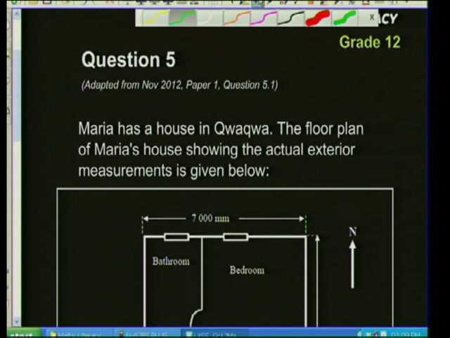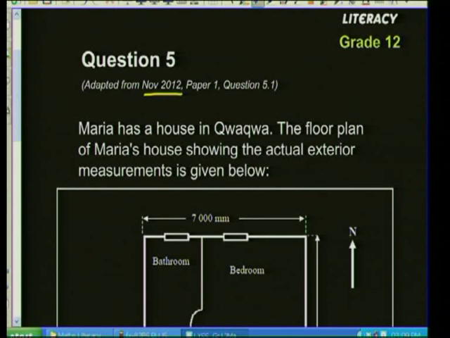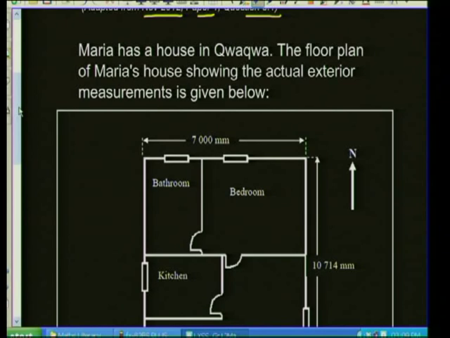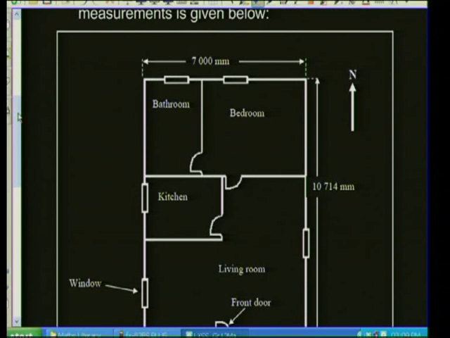Now this question is adapted from the November 2012 paper 1, question 5.1. Maria has a house, and I'm not even going to try to pronounce where. The floor plan of Maria's house, showing the actual exterior measurements, is given below. So we have her floor plan, and it's nice to see north. Remember earlier I said, why don't we actually include that?